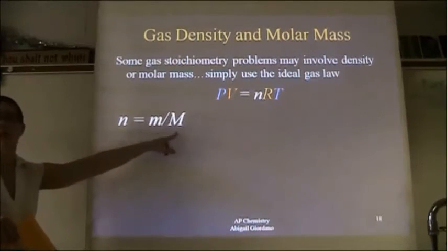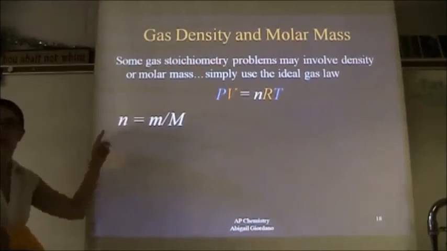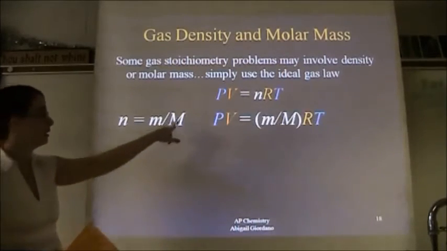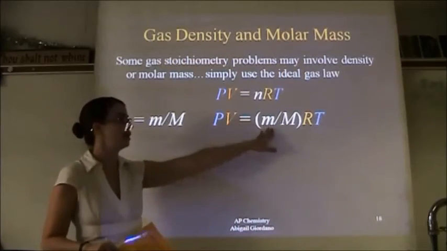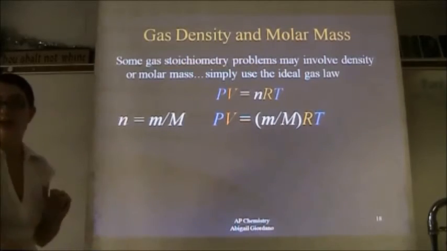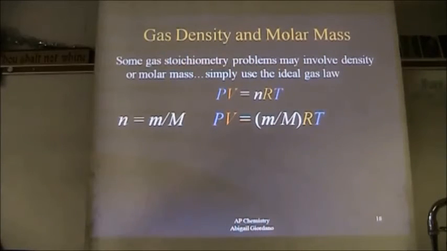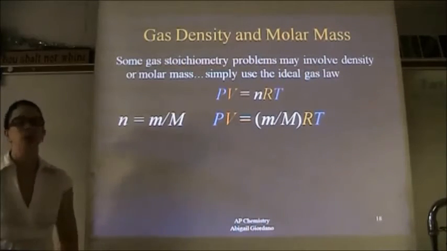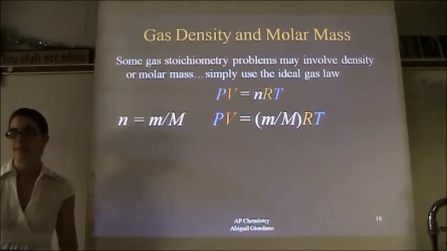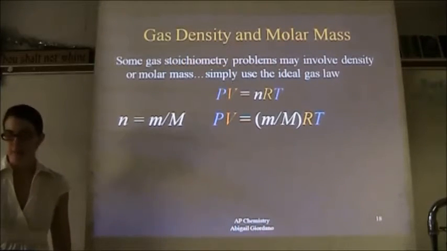Mass divided by molar mass is moles. And I'm going to plug that in. I'm going to substitute that in to the ideal gas law. Tell me, please, what is the equation for density? What divided by what? Mass over volume.